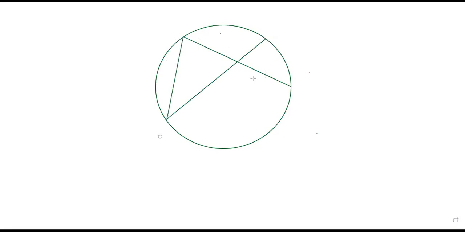This is a chord, and this is another chord.